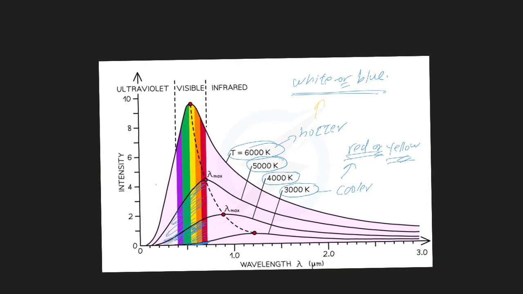Its peak value is in the red region here, so it appears to be red. And at a temperature of 6000, the peak value of intensity exists here, in yellow, so it will appear to be yellow. Yellow color will be dominant.